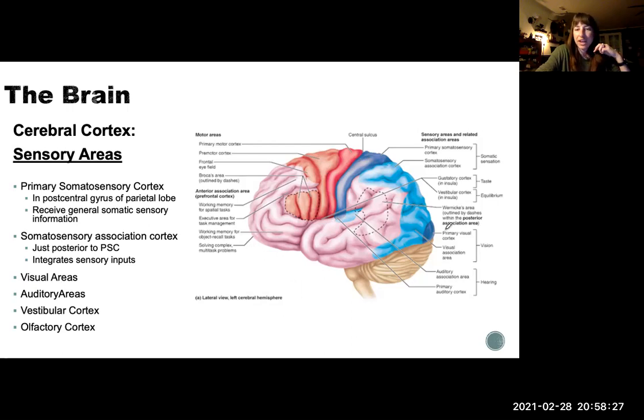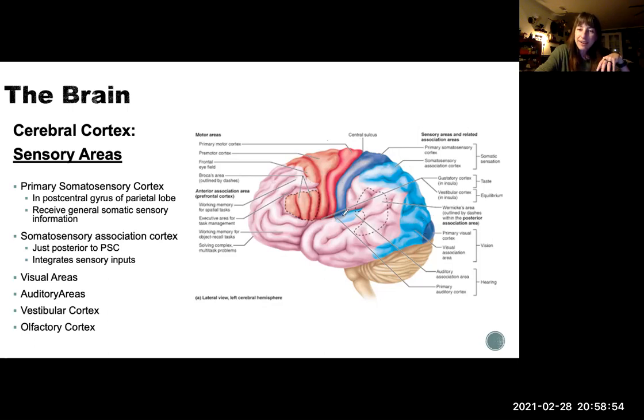You have your visual areas. Your primary visual cortex is back here, part of the occipital lobe, of course, right? Your somatosensory area, you'll note, primary and associative parts are in the parietal lobe. So generally speaking, the motor areas are in the frontal lobe. The sensory areas are back here in the parietal lobe. But you have your primary visual cortex back here in the occipital lobe.